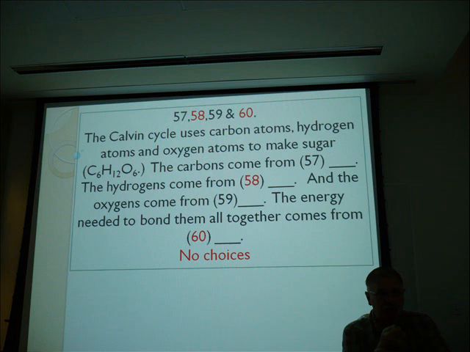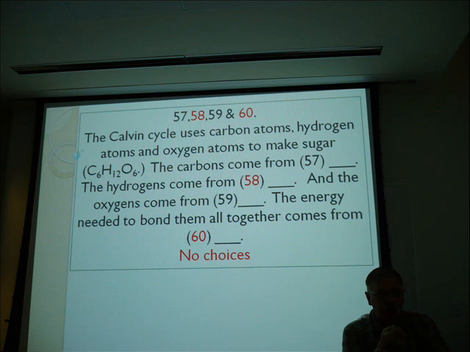The carbons come from the carbon dioxide, CO2. The hydrogens come from the water that was split. And the other oxygens come from the other half of the CO2. The water that leaves, remember?